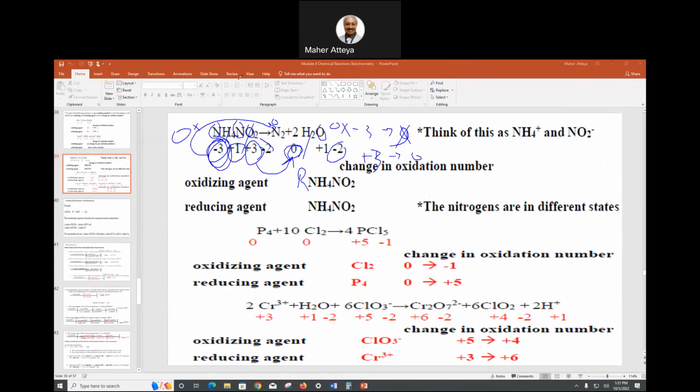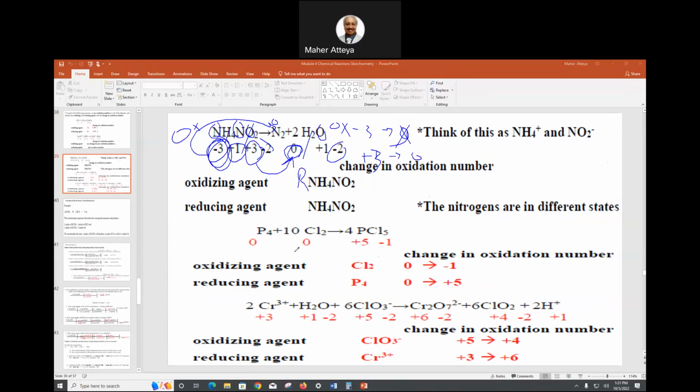It's called disproportionation because you have one lower, one higher, one in the middle: -3, 0, +3. That's a disproportional arrangement of oxidation numbers. So anyway, don't worry about it.